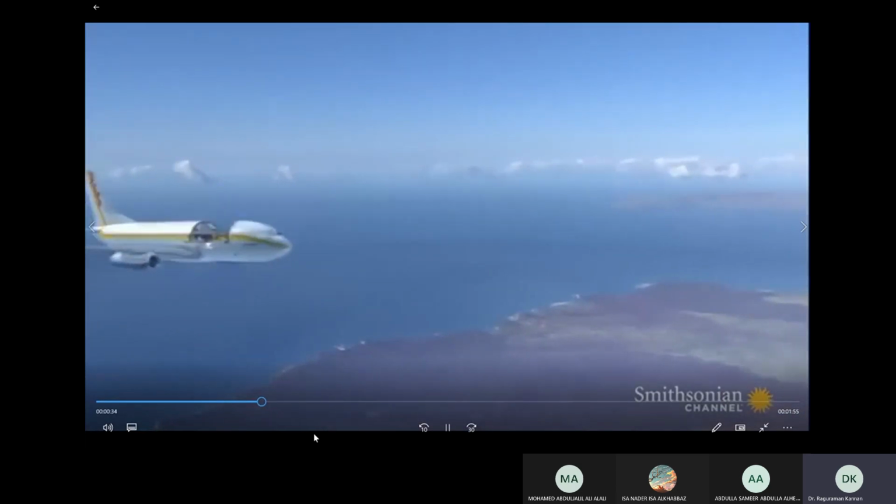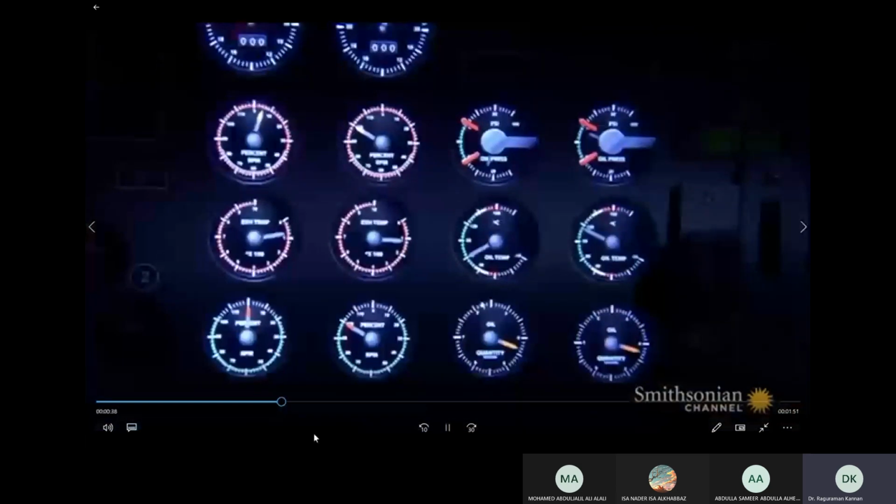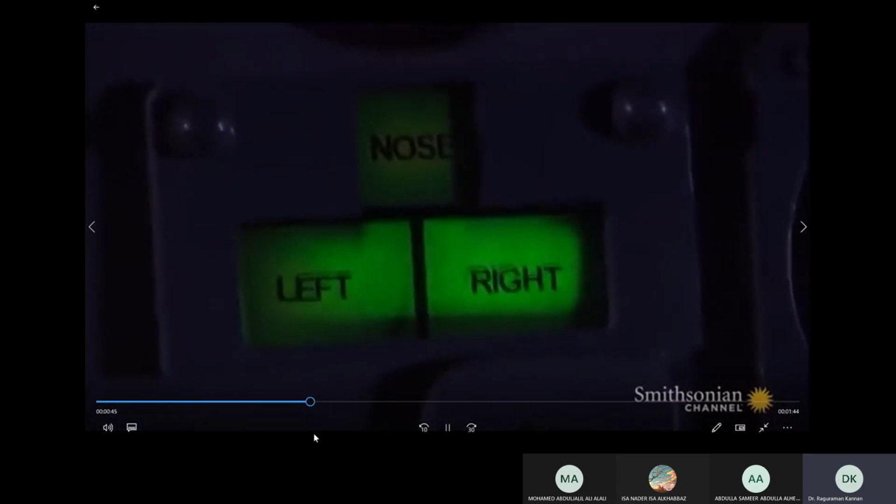Request the emergency equipment. The crew fears that critical wiring and control cables may have been severed. Let's try flying with the gear down. All right, you got it. There are lights to indicate whether or not the landing gear has safely deployed. The main undercarriage has extended as normal.